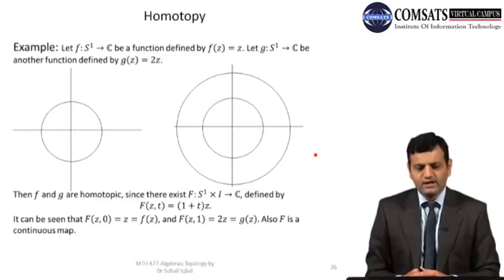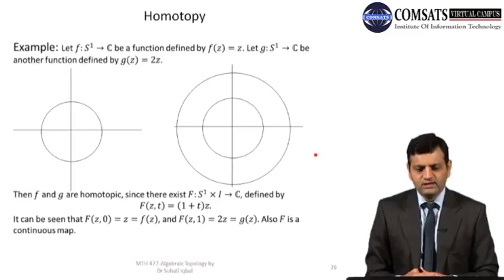So consider this function f from S1 to C. S1 is basically a circle in R2, and we can consider C as a plane. So it's a function from R2 to R2. Of course we can't sketch its graph in R3 because its graph will be in 4 dimensions.